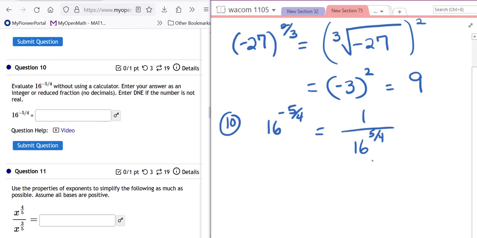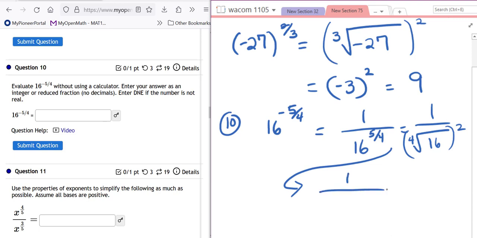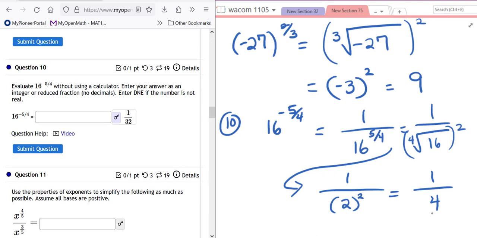Right, and then you can put your radical on. So 1 over the 4th root of 16. Test that, see if it's a perfect power. It is, so let's put the exponent on the outside. Right, and so we still have 1 in the numerator. The 4th root of 16 is a 2. And 2 squared gives us 4. So this simplifies to 1 over 4.